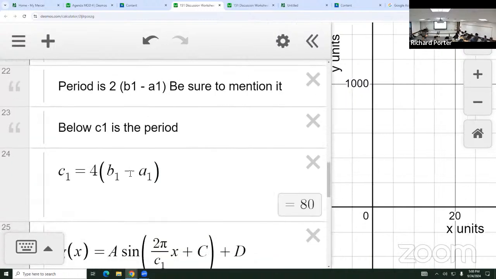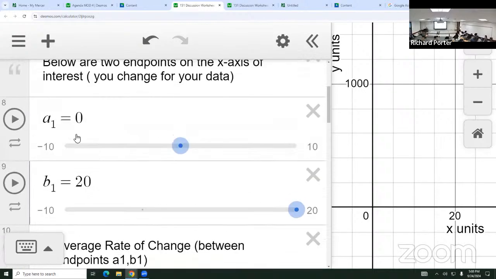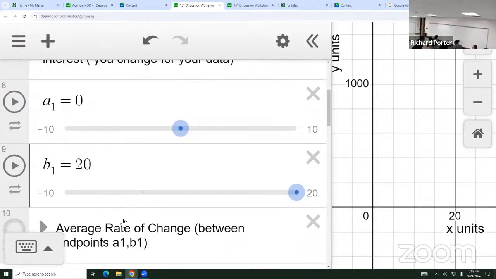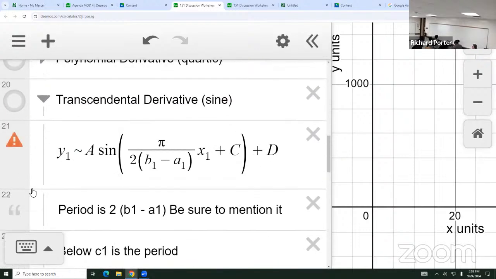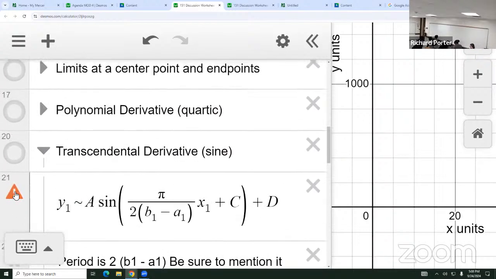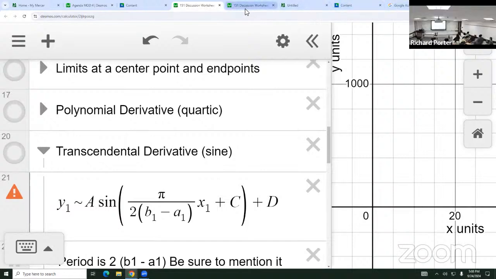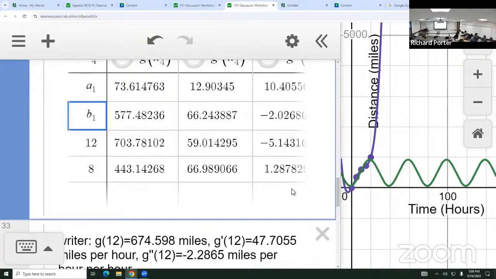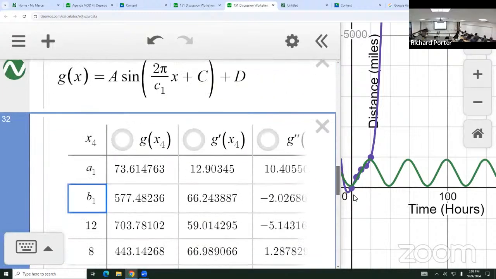No, it's just whatever that is. Okay, so you can change A1 and B1 to different values to change the period. Let me show you that one more time. I can't change both of them.